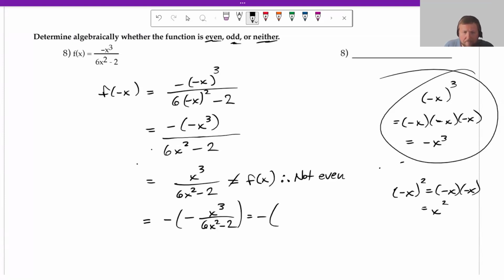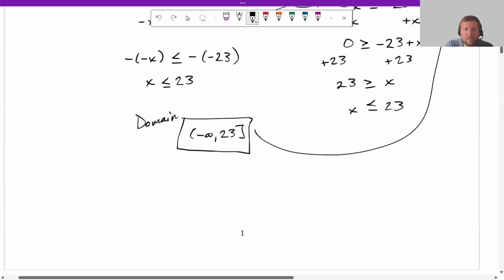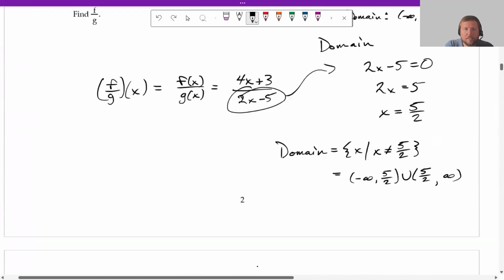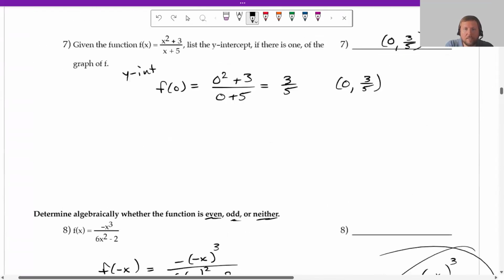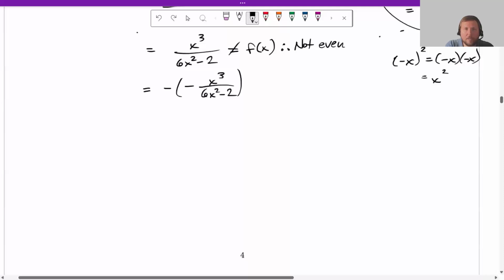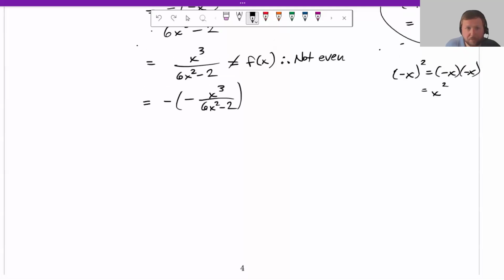If that negative is out front, it will commute up to the numerator.